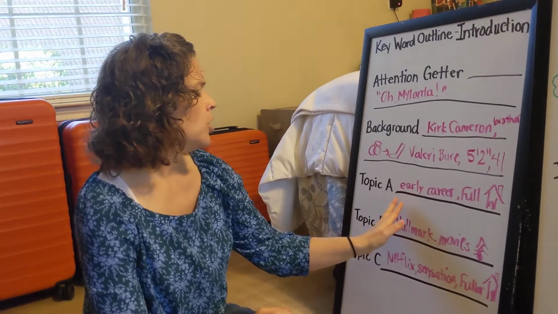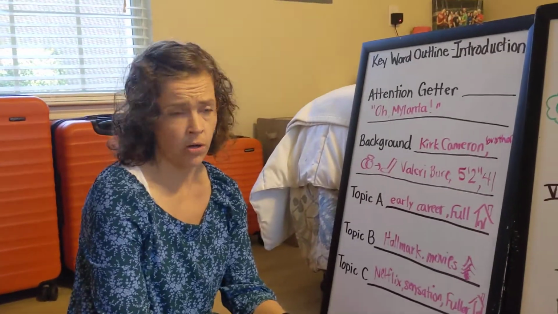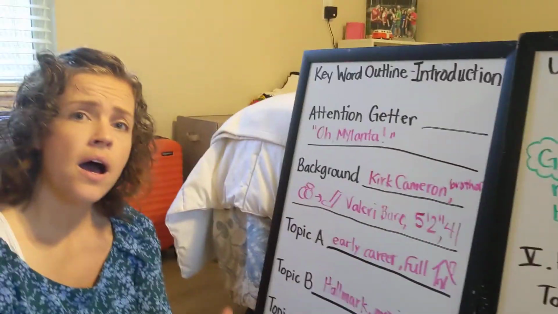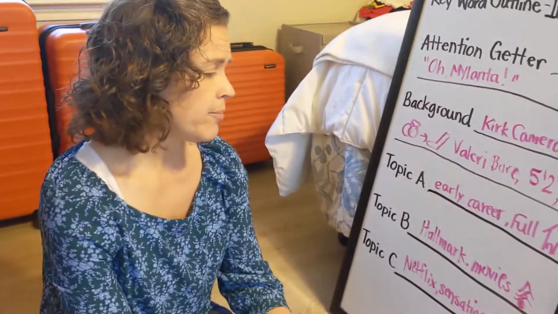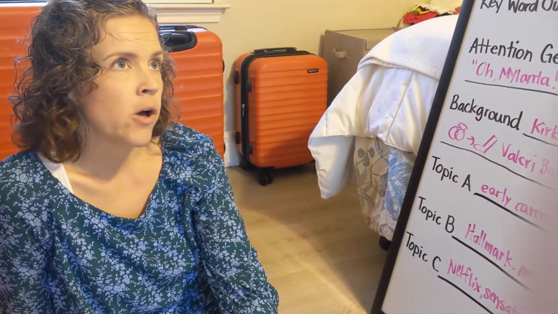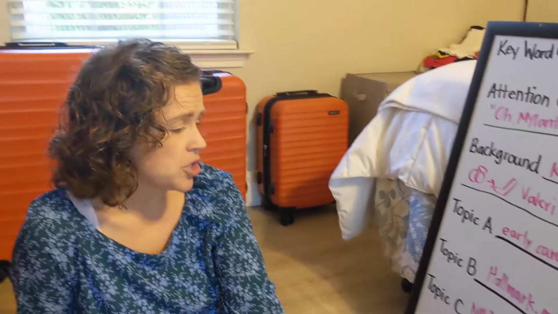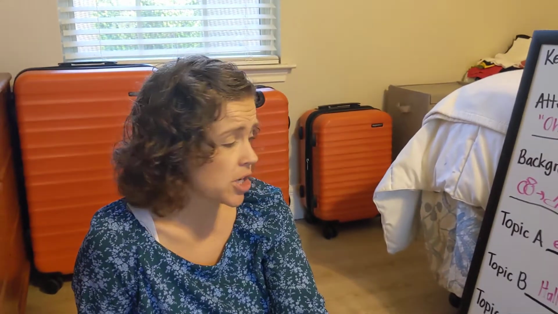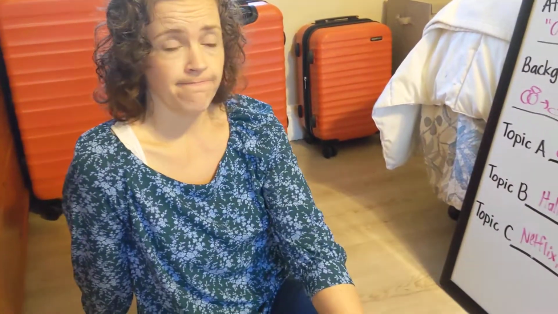Early in her career, she found success as DJ Tanner on Full House. Later, after raising children, she became a Hallmark movie actress. Recently, she has reprised her role as DJ for the Netflix sensation Fuller House.